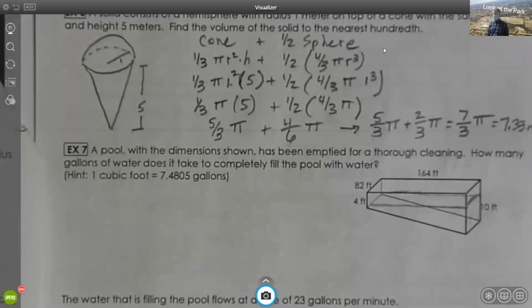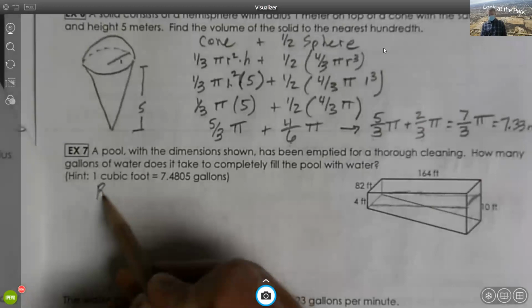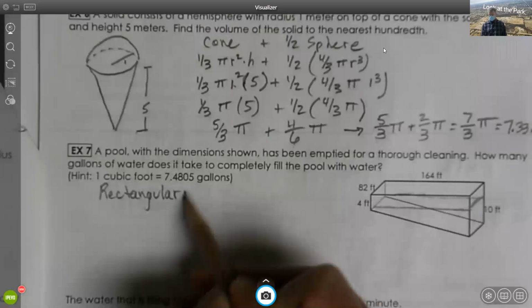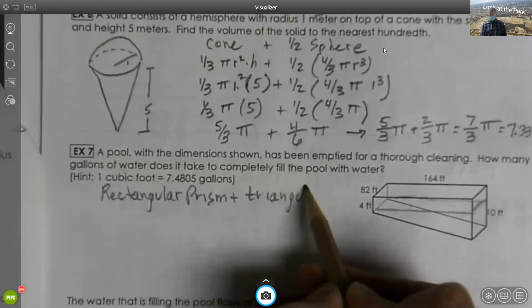You break it into a rectangular prism and a triangular prism. Now that is something we could calculate. Otherwise, we had a trapezoid, and we'd have to know our formula for a trapezoid, and that still could have worked if we were familiar. Here we have a rectangular prism and a triangular prism.